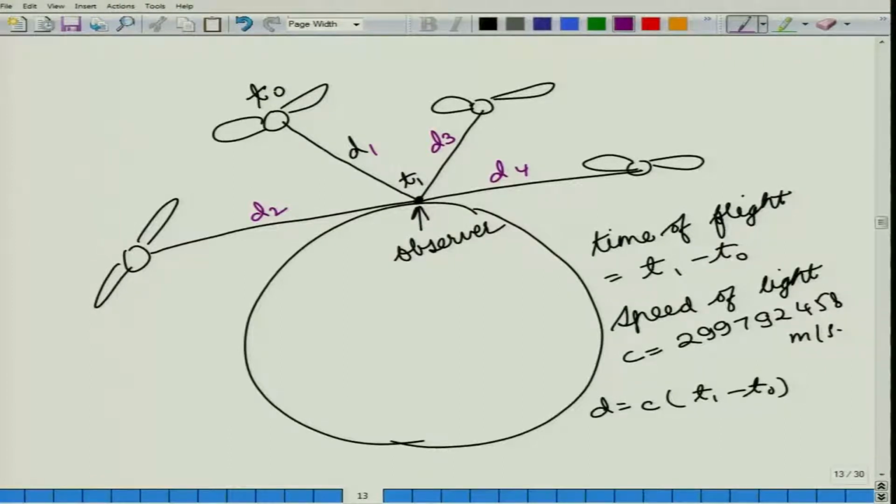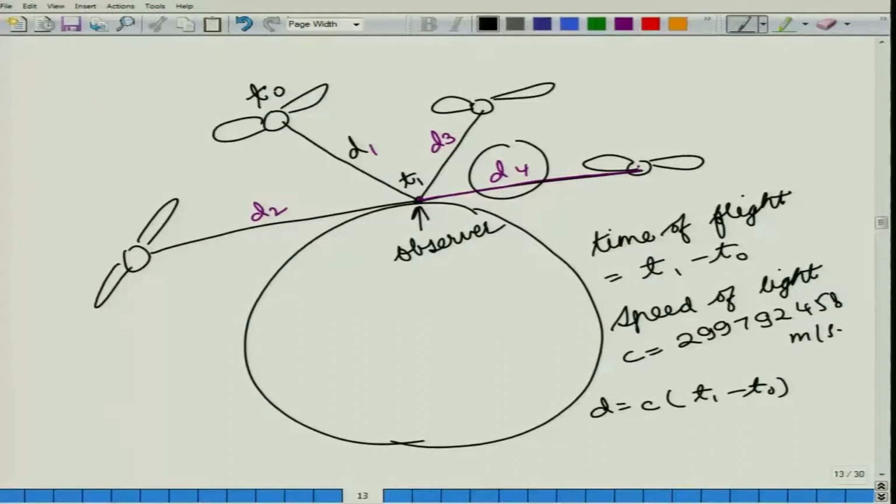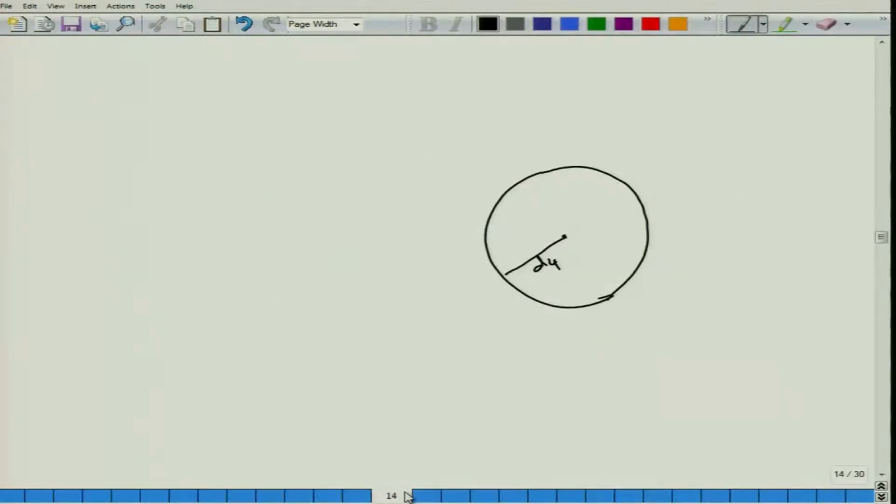Now, when we have these measurements, considering this satellite, we know that our point is at a distance of d4 from the satellite. So, we can draw a sphere all around it with a radius of d4. We know that our point is somewhere on this sphere.